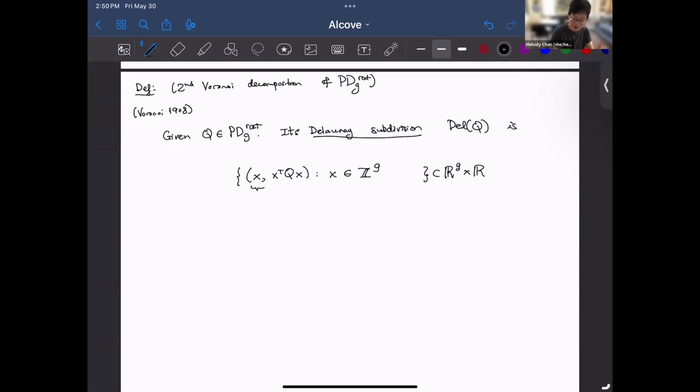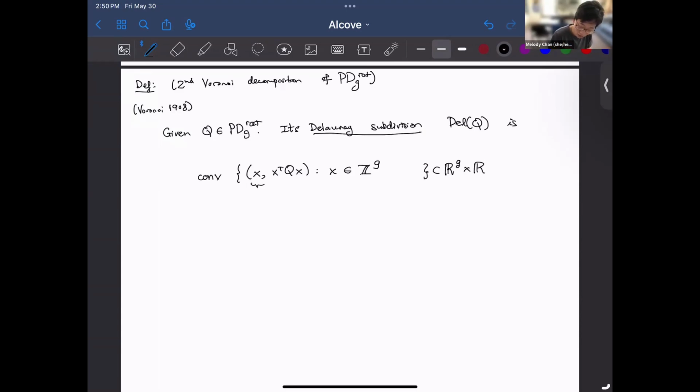If you take the convex hull, there will be some polyhedral structure visible from minus infinity. Let me write it and then we'll do an example. It's the infinite periodic polyhedral tiling of R to the G obtained as the projections to R to the G of the faces of this convex hull.